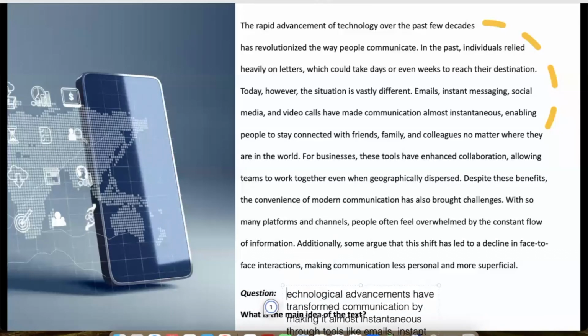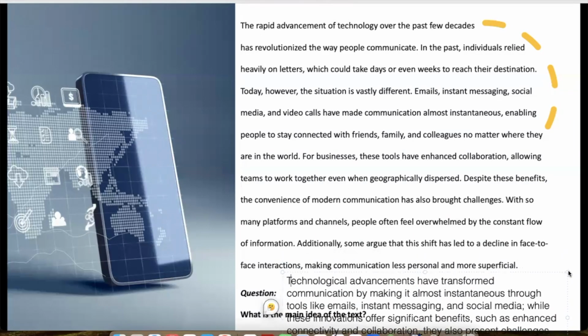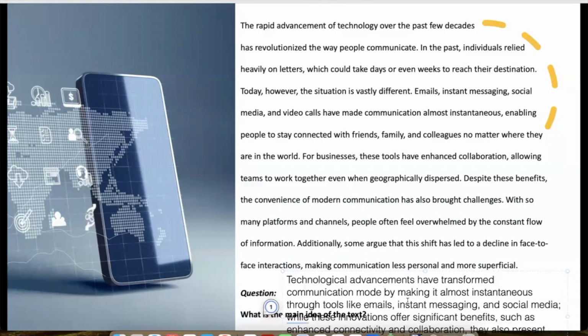So guys, always bear in mind, you should capitalize the sentence. Technology advancement has transformed communication mode. Yeah, but make it almost instantaneous. Then we could get rid of these details, tools like blah, blah.